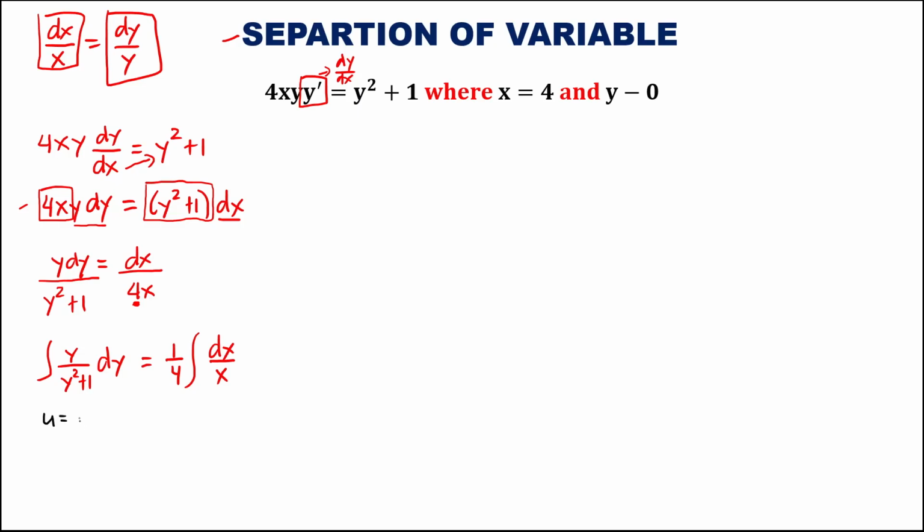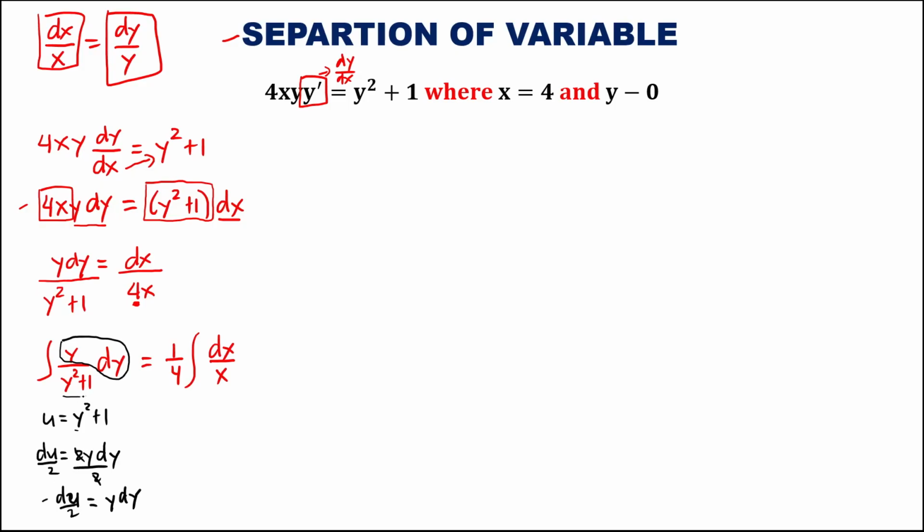So u equals y squared plus 1, and du, the derivative of y squared, is 2y times the dy. Then divide by 2, so du over 2 equals y dy.